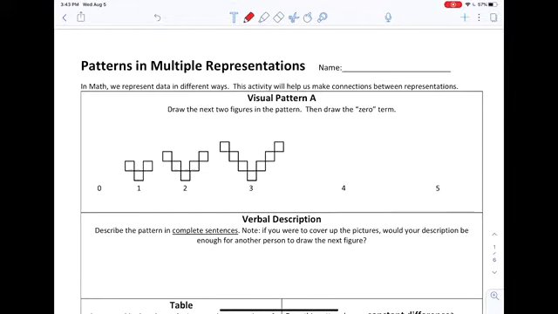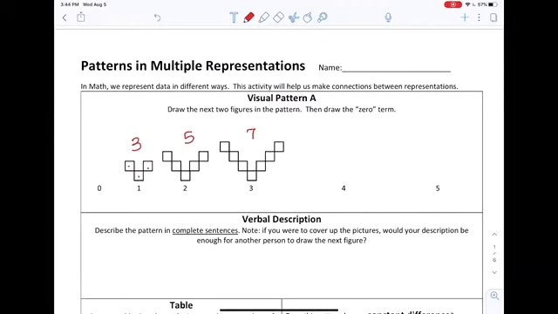If you take a look at the pattern, we are trying to figure out how many squares are in each figure. The first figure has 3 squares: 1, 2, 3. Then 5, then 7.